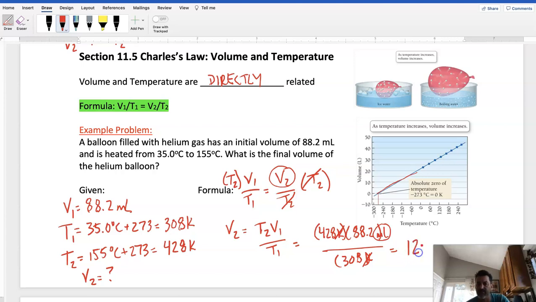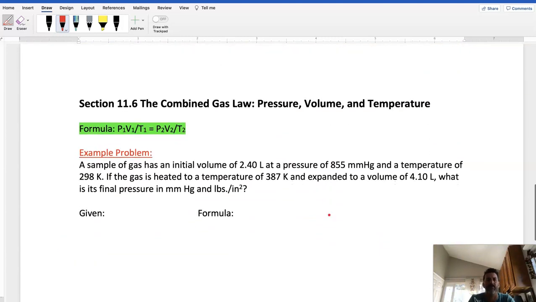I'm going to round that to 3 significant figures, so I get 123, and again, the units should be milliliters, because that's the only thing that didn't cancel out. And we already predicted the temperature is going to go up, so the volume should go up, and it did, so that makes sense.